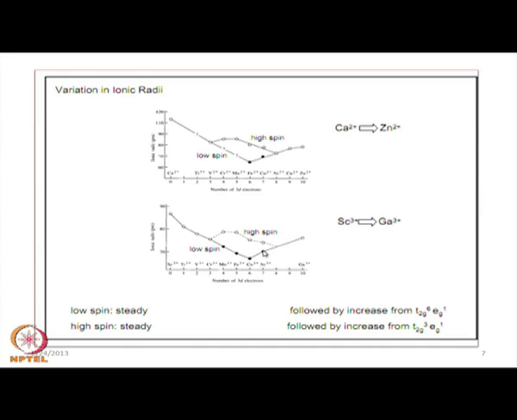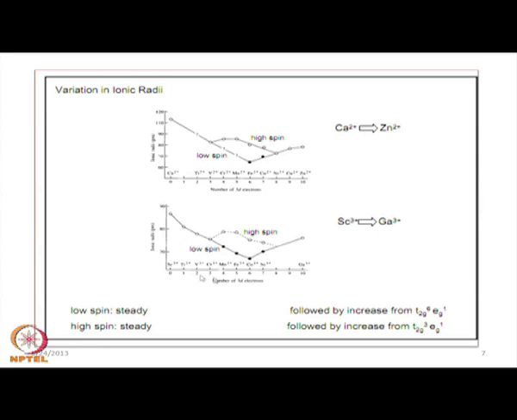Then again it will increase for nickel, zinc and all these. And if we plot the trivalent state, because not all examples of the trivalent state are available, we can go from scandium 3 plus up to gallium 3 plus, because scandium should be the first entry for the trivalent metal ions, as we do not have anything corresponding to calcium 3 plus.